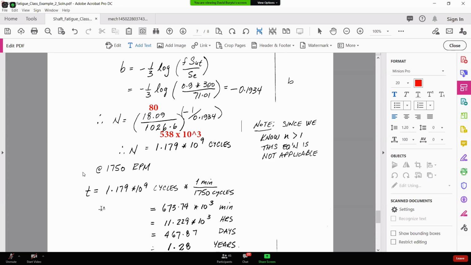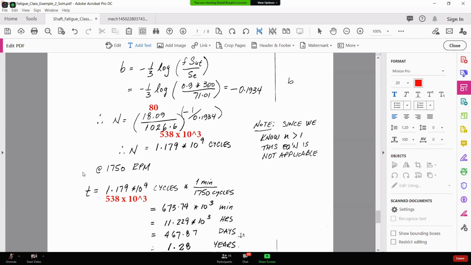If you put in here the 538 times 10 to the exponent 3, you can figure out how many minutes it's going to last, how many hours, how many days, how many years.